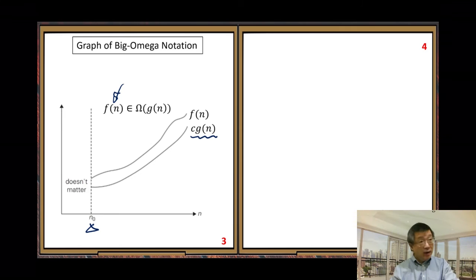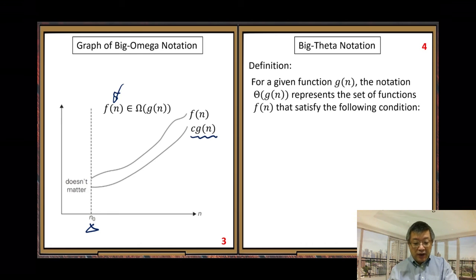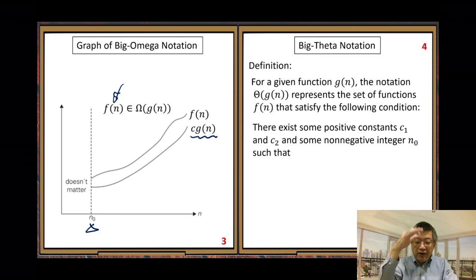Big theta we learned, but here we want to use graphs to understand big theta notation. Specifically, the definition for a given function g of n, the top part is the same as before. The notation big theta of g of n represents the set of functions f of n that satisfy the following condition.